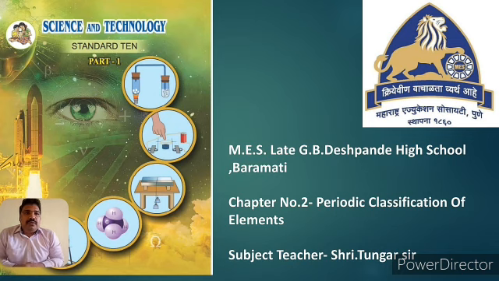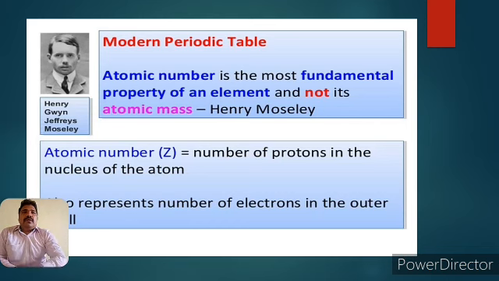Now we will study the modern periodic classification of elements by the scientist Moseley. He thought that the atomic number is the fundamental property of an element, not atomic mass.